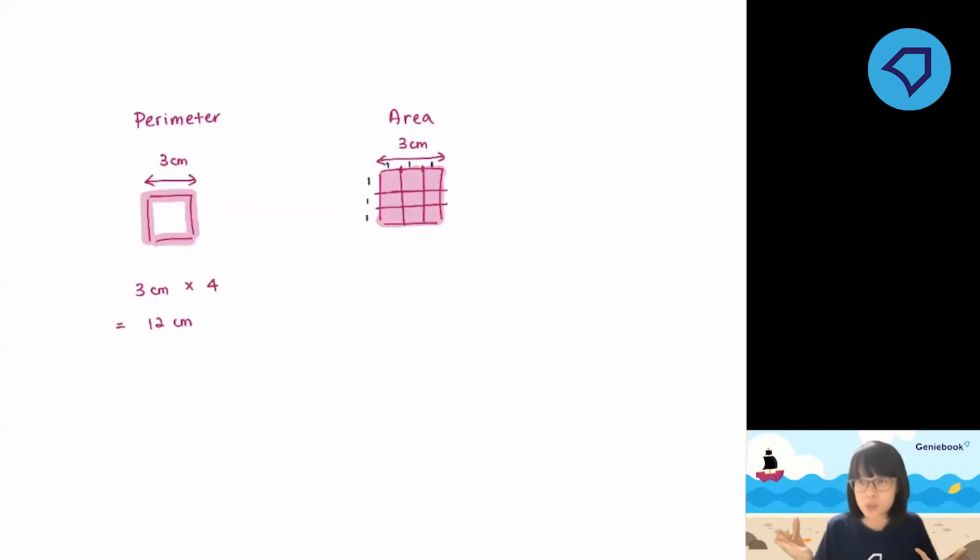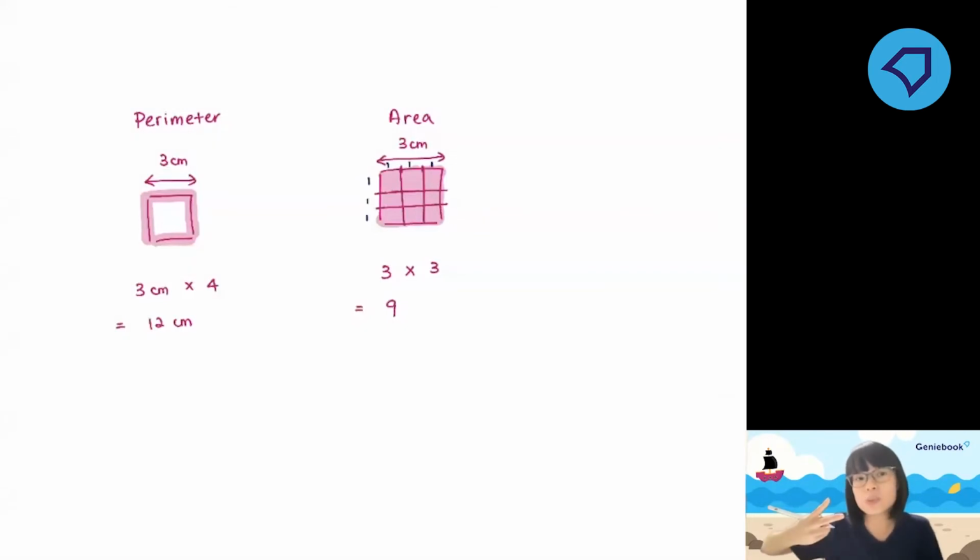Across at the top I have 3, correct? Then at the side I also have 3. I have 3 multiplied by 3. In other words, it's 3 groups of 3. That's why there's a total of 9 squares over here.